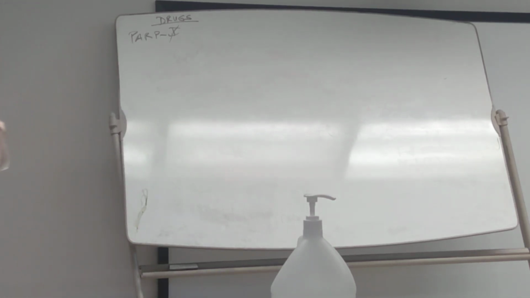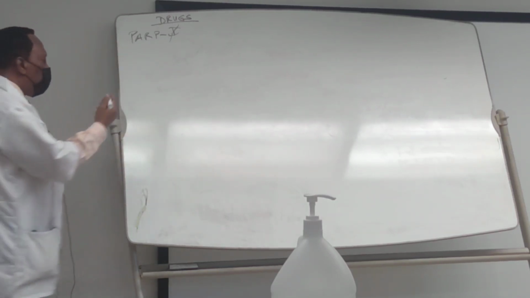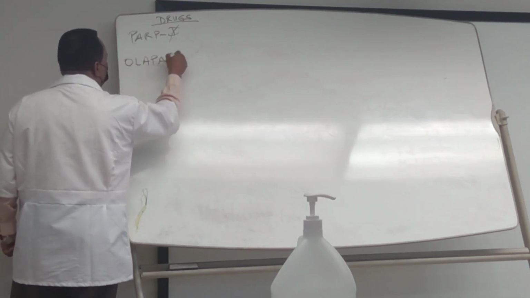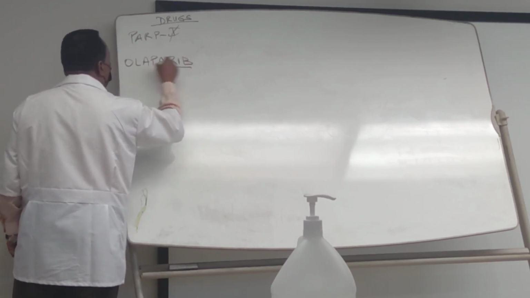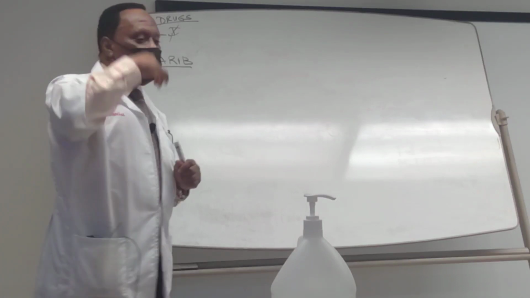The poly-ADP ribose polymerase inhibitors. We'll take olaparib as the representative agent of that group. Of course, we've mentioned PARP inhibitors in the past.